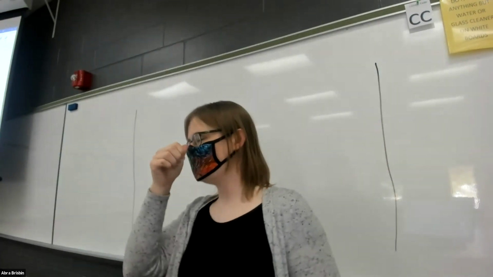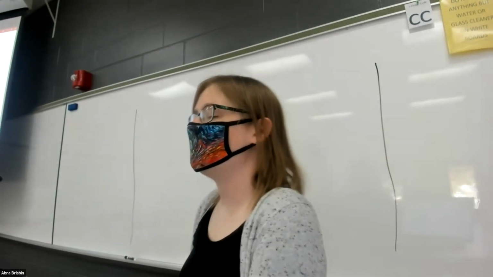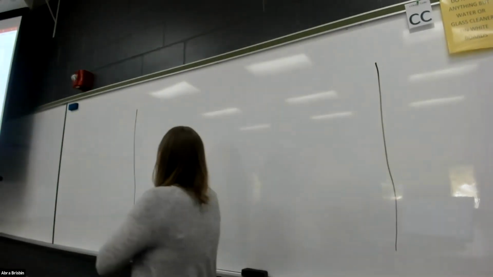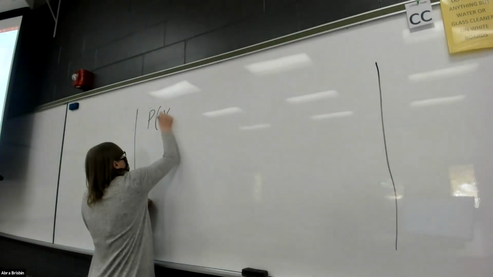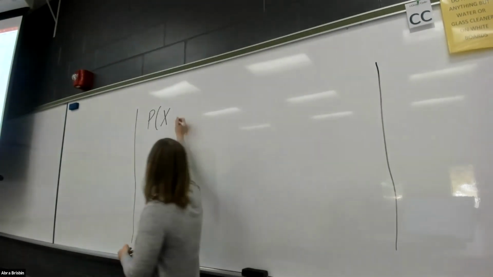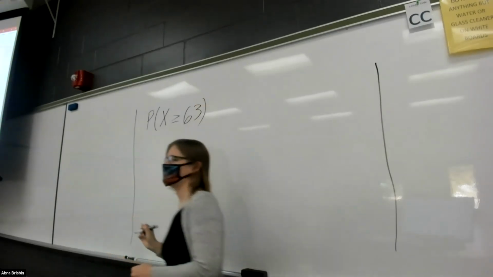Well, our p-value is still going to be the probability of getting a result that's at least as extreme as what we got. So it's going to be the probability of getting, say, a number of heads that's at least 63.